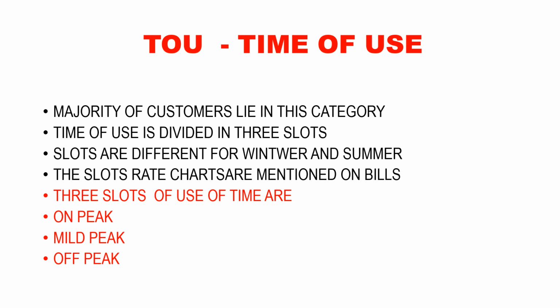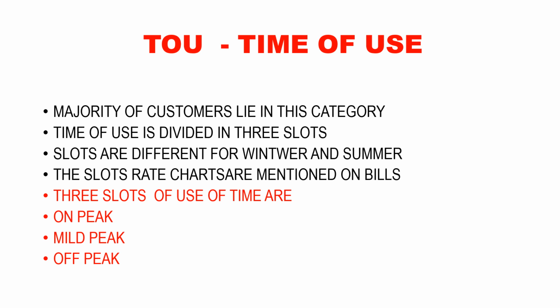Time of use is divided into three slots, and the slots are different for winter and summer. This chart or graph is also printed on your electricity bill from Hydro One.